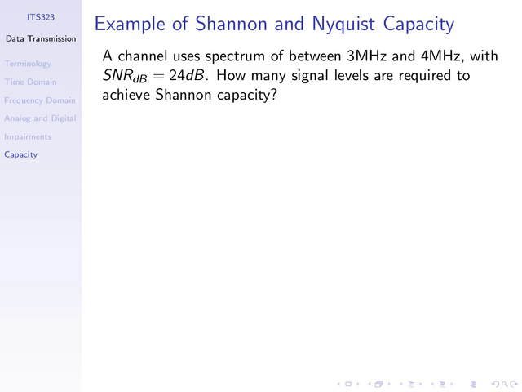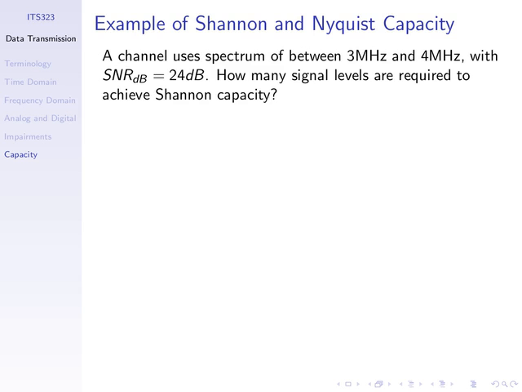The spectrum goes from 3 up until 4. The bandwidth is just the width of that spectrum, 1 megahertz. So B, the bandwidth, we now know is 1 megahertz. So our channel supports frequencies from 3 up to 4 megahertz. That is a width of 1 megahertz.